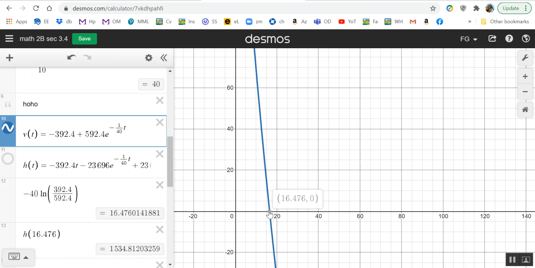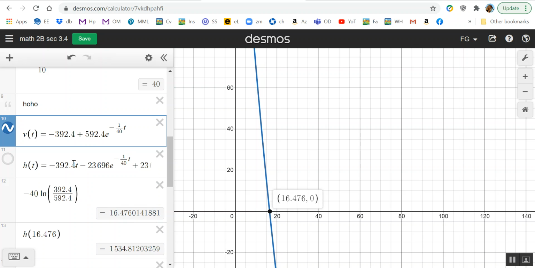We can also just see where V crosses the t-axis, and we get 16.476 seconds. I got 16.48 seconds, so yeah, that's about right. Over here, I used Desmos as a calculator. I had it compute negative 40 ln of that fraction, and I get 16.476. So the same answer, no surprise there.